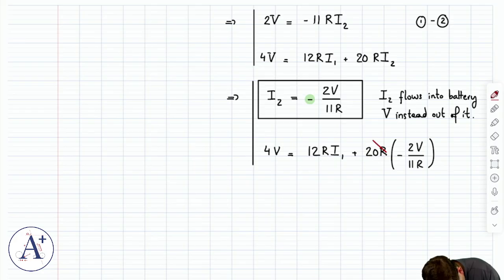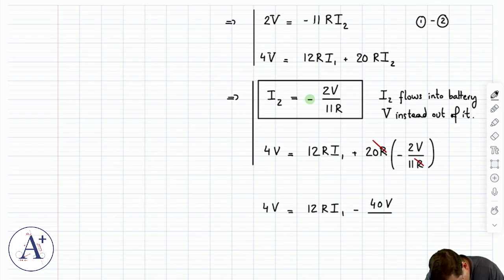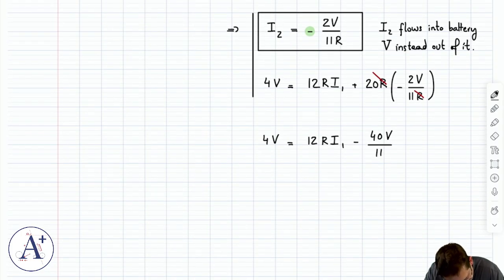R is going to cancel out, and now I only have one equation left: 4V is equal to 12R I1 minus 40V over 11. And now I can solve this for I1.